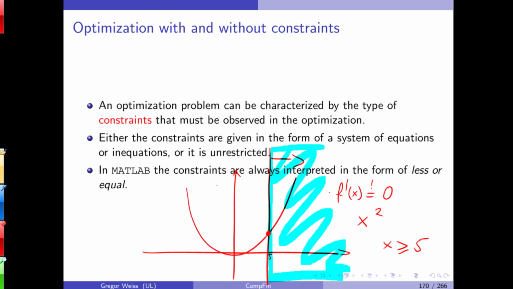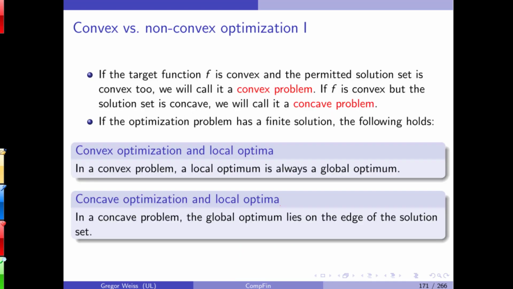We know nothing about this point, only that it lies on the edge of the solution space, because this is where the constraint cuts off all the remaining points. And this is why constraint optimization is much harder and much more difficult than unconstrained optimization. Unconstrained optimization, you can do this in school, check for the derivative, and then you get the critical points. But with constraint optimization, it will most likely be that the solution will be on the border of the solution space, and we will need different methods for this.